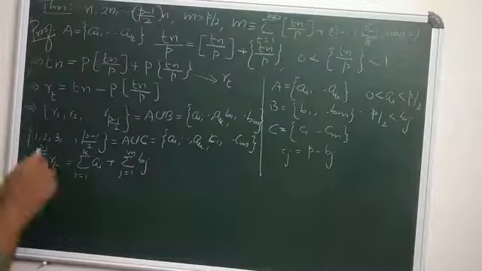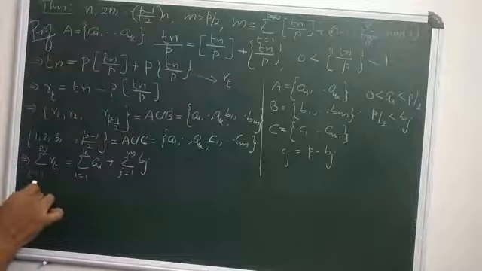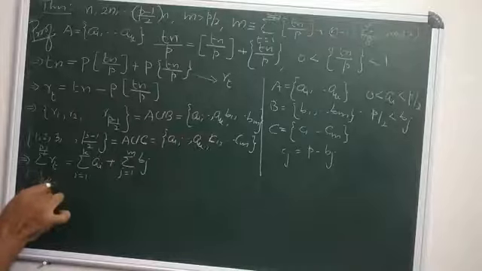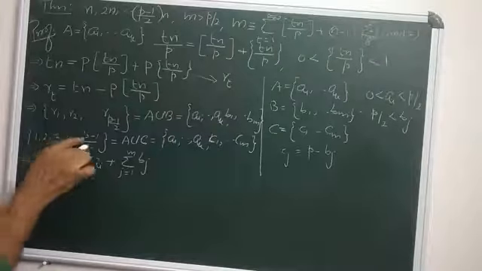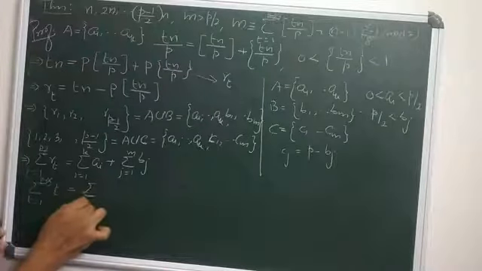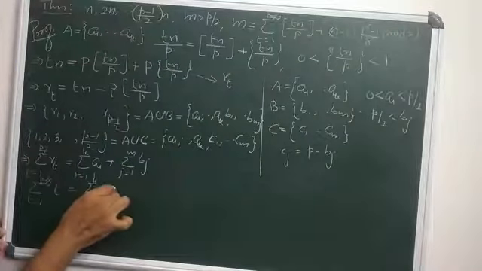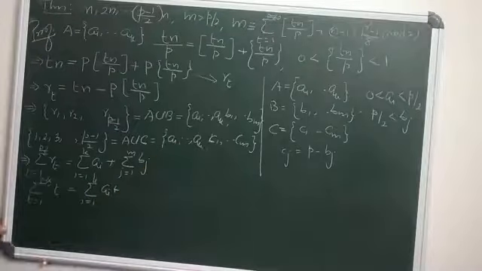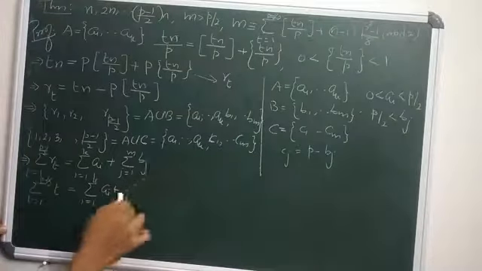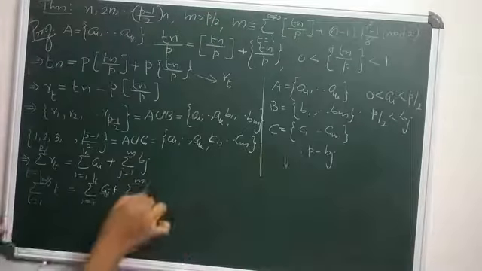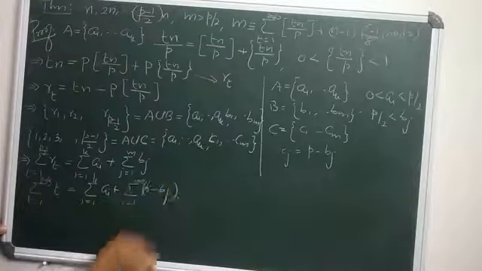Agreed. Okay. From here, sigma T ranges from 1 to (P minus 1) by 2 of T, 1 plus 2 plus 3 plus etc. plus (P minus 1) by 2, equals, again, sigma I ranges from 1 to K of Ai plus sigma J ranges from 1 to M of Cj. What is Cj? P minus Bj.